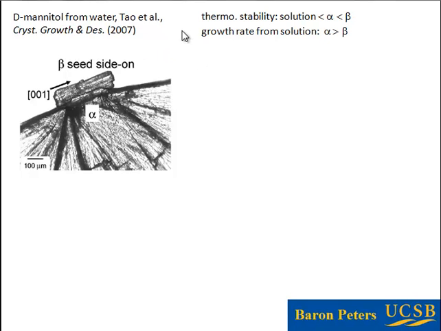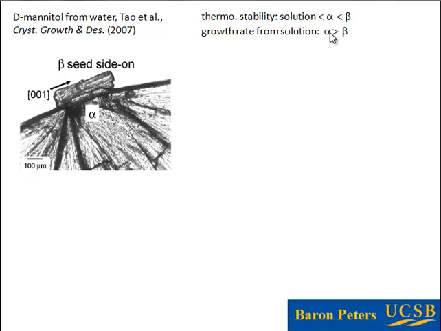Before I tell you about what happens here, let me point out that D-mannitol forms two polymorphs. It forms alpha and beta. Beta is more stable than alpha, but alpha grows faster than beta. Your intuition immediately tells you that if you give the system a beta seed, that's the thermodynamically stable polymorph, that beta seed will grow a beta crystal.